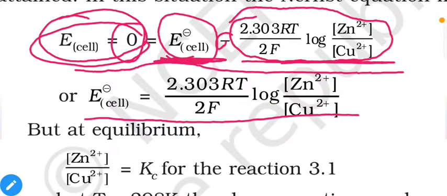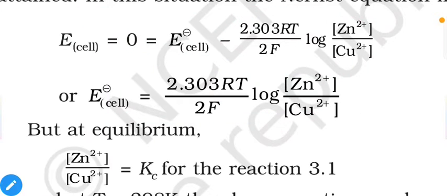So it means both of them are equal. E° cell is equal to 2.303 RT upon 2F into log Zn2+ upon Cu2+. Now concentration of zinc, that means product, upon concentration of copper, that means reactant, at equilibrium, because our voltmeter shows 0 reading and there is no change in concentration of Zn2+ or Cu2+.